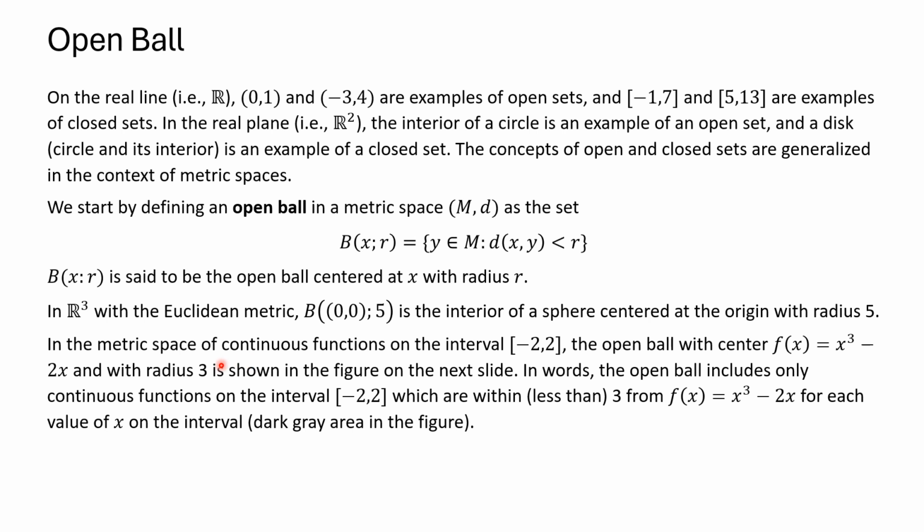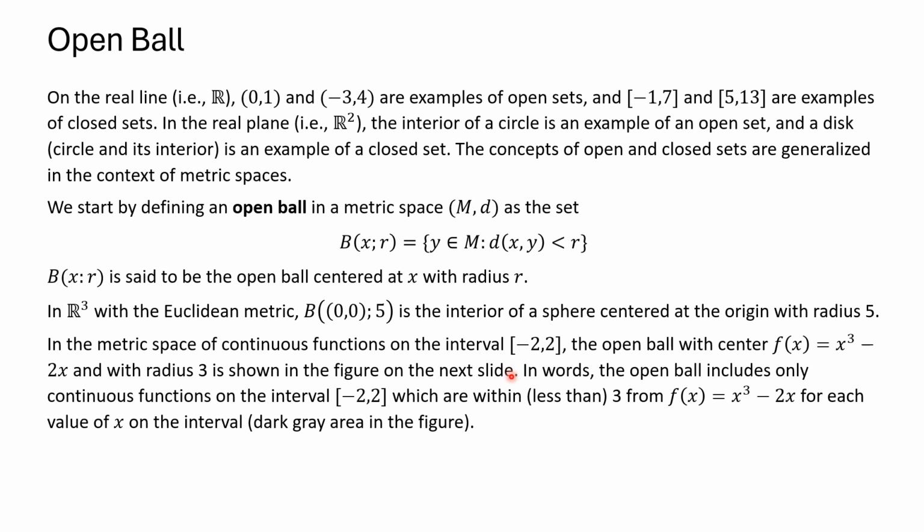Now here's the example I mentioned that looks quite different from a ball. In the metric space of continuous functions, which we mentioned in the last lecture, say on the interval -2 to +2, the open ball's center is a function, f(x) = x^3 - 2x, with radius 3, shown in the figure on the next slide.